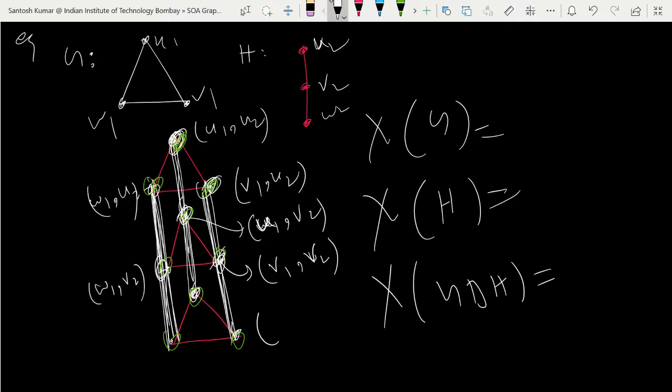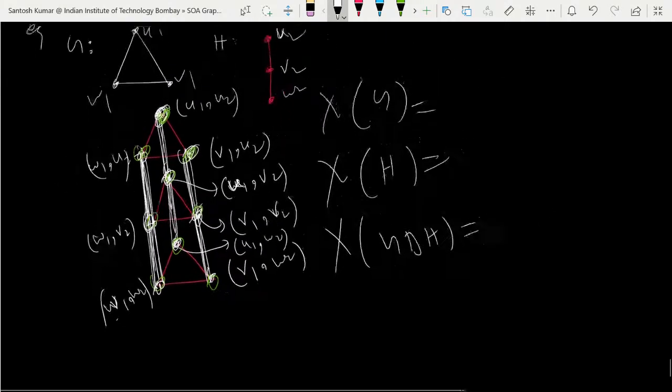So W2 first, write for Z. So it is V1 and W2. Sorry, this is in the G. It is W1, and in H it is W2. And here you can write U1 and W2.